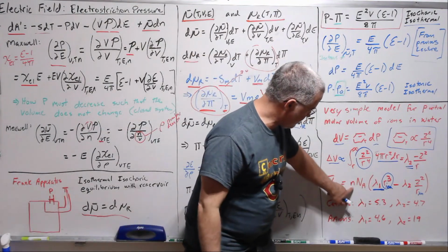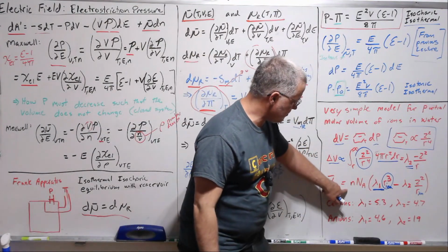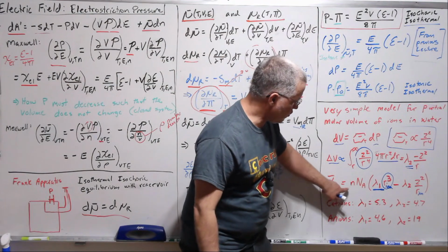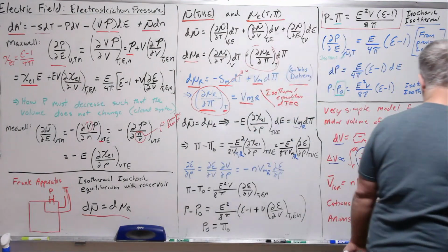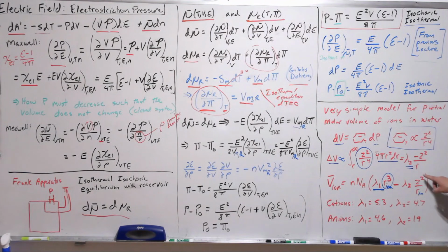This is number of moles times Avogadro's number, so this will be on a molar basis, so this would be partial molar volume. And then the electrostriction comes in negative because it's compressing the fluid, so that's going to contribute to lowering the effective volume, or partial molar volume, of these ions.